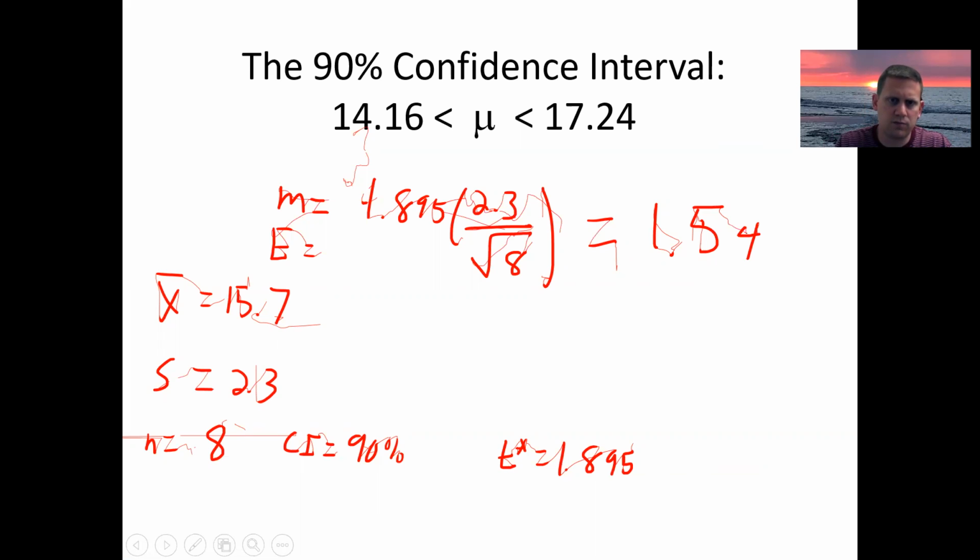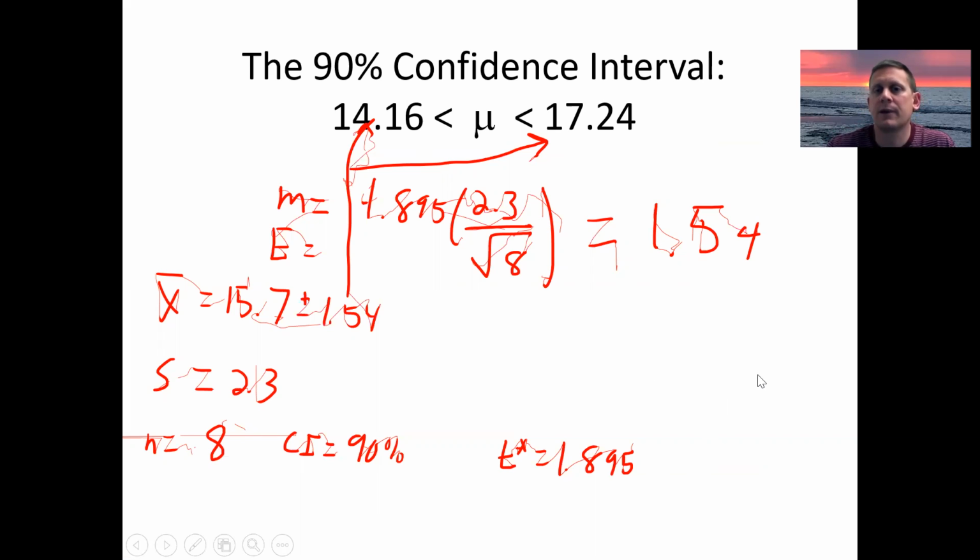So 15.7 minus 1.54 is 14.16. So this plus or minus 1.54 is going to give me this number and then this number. And if you take 15.7 plus 1.54, you get that. So there's your confidence interval for this particular problem.